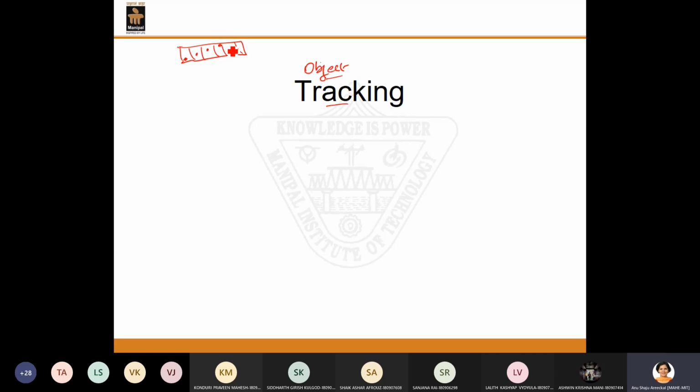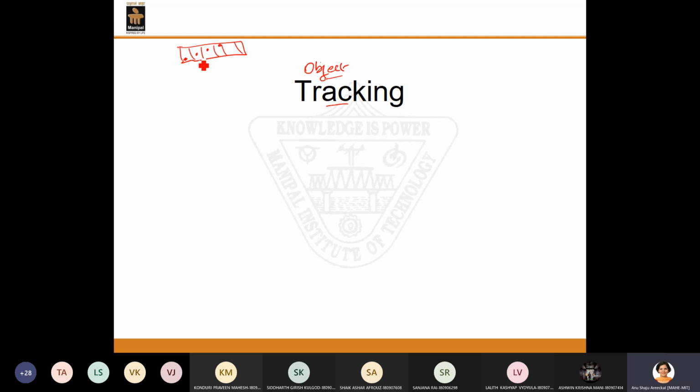Let's say this is the kind of path it is following and the object is moving while the background is staying more or less stationary. So in object tracking, once an object is detected in the first frame, you're trying to find out the motion of the object, how the object is moving within each of the frames.